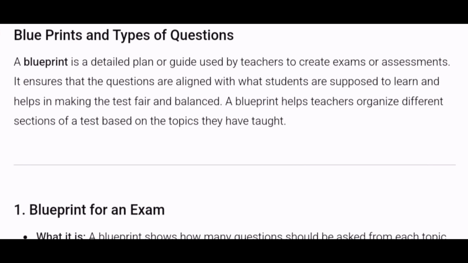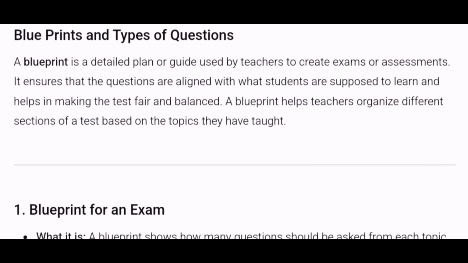So blueprint, who uses blueprint? You and me, we use blueprint. But what is a blueprint? A blueprint is a plan, all right? It is your plan, detailed plan, or it is your guide. Why do you use them? You use them to create exams or assessment, all right?